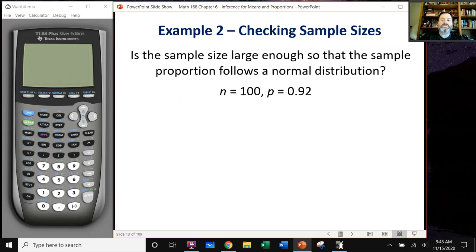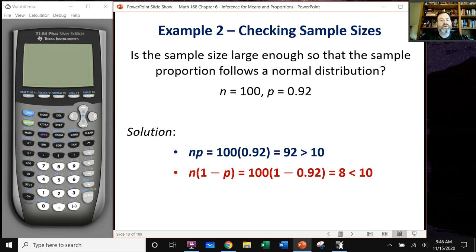Is the sample size large enough so that the sample proportion follows a normal distribution? Well, we're just going to do the same thing, right? n times p. So it's 92. That's bigger than 10, so that's fine. But what if we do n times 1 minus p? Well, that gives us 8. 8 is not bigger than 10.